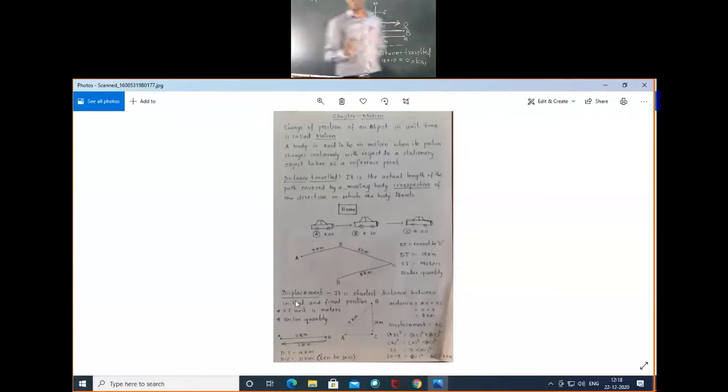That's why we say distance traveled cannot be 0, but displacement can be 0. See here, I have given one more example. From A to B, 2 kilometers is there.